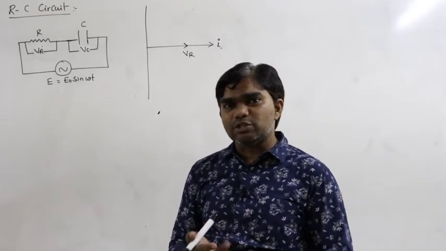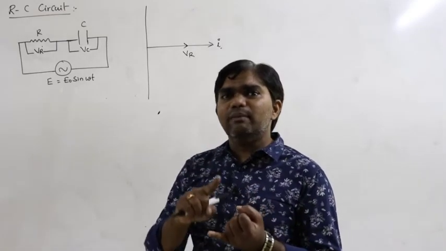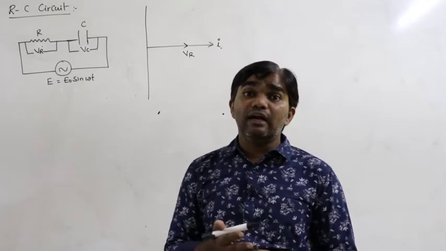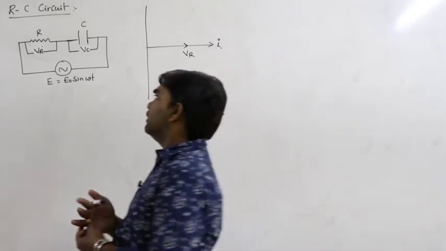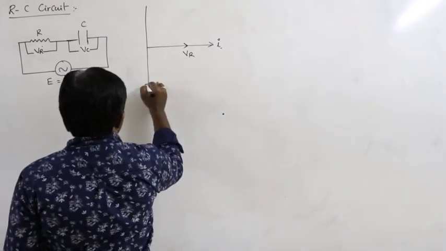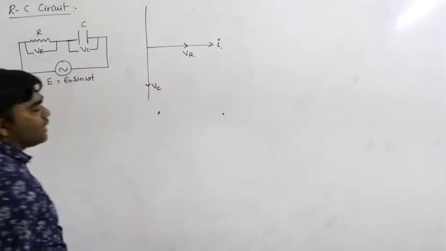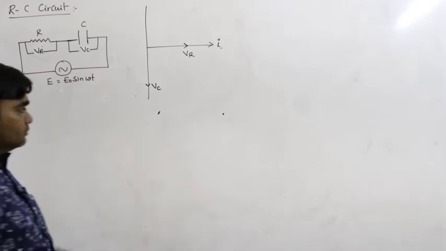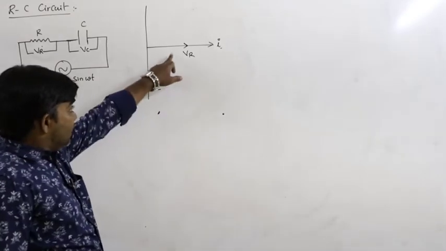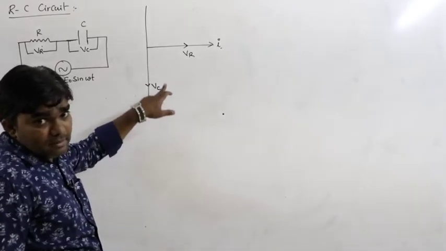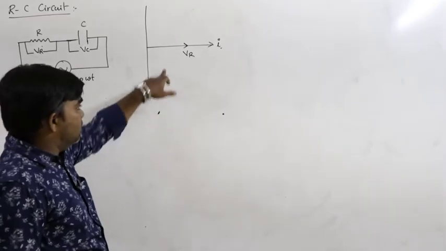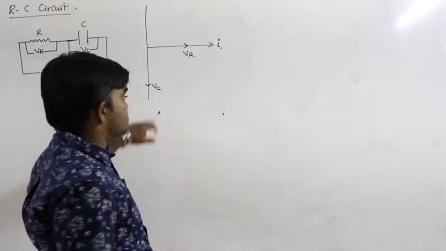In case of capacitive circuit, current leads EMF by an angle pi by 2. So this is the VC, potential across the capacitor. Because current leads EMF, that's why this must be represented like this.